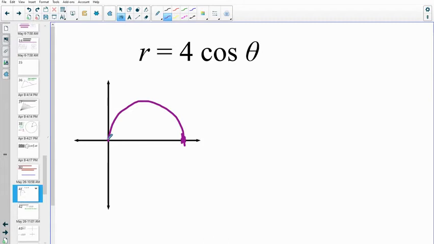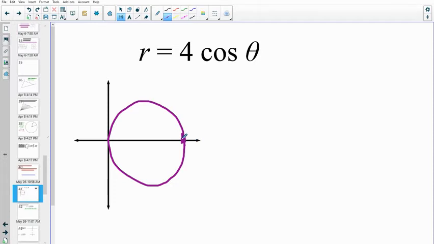We're at the origin. As we continue along, the cosine curve between pi over 2 and pi goes to negative. So even though the radar is pointing up into the second quadrant, the curve is going back into the fourth quadrant. And by the time I get to a rotation of pi, well, cosine of pi is -1, and so we've got -4. So again, pointed to the left, but that -4 puts us right back here.